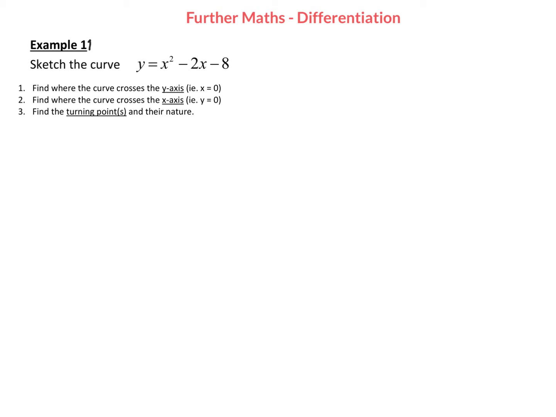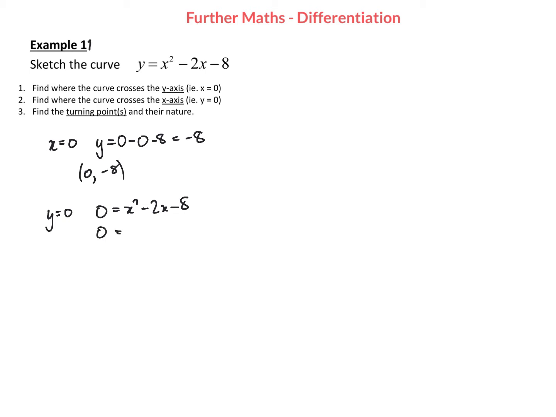Find where it crosses the y-axis when x is 0. Okay, well if x is 0, y is equal to 0 minus 8. So that's minus 8. And so it crosses at 0, minus 8. When y is 0, we get that 0 equals x squared minus 2x minus 8.